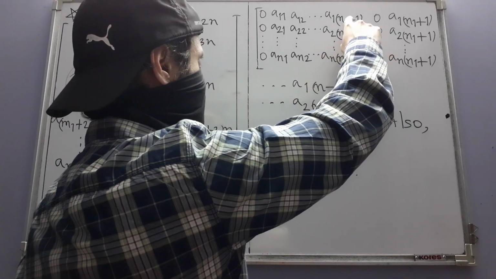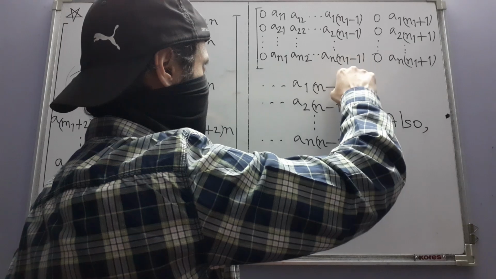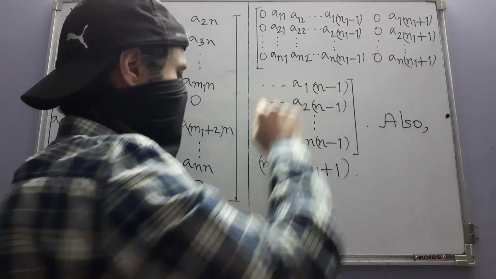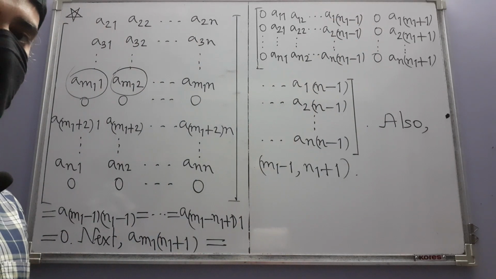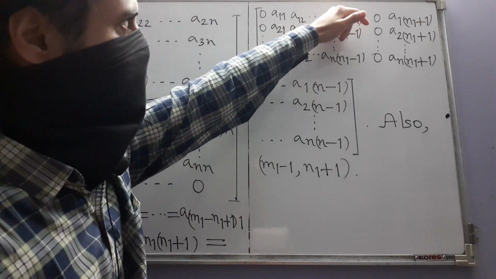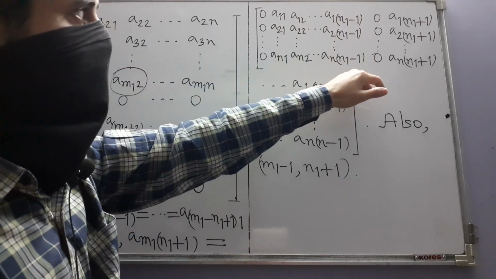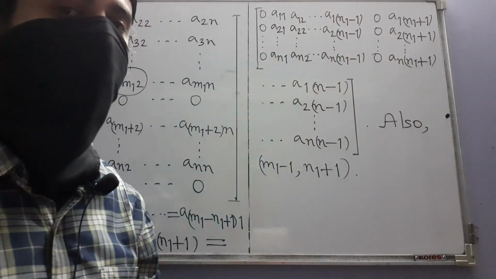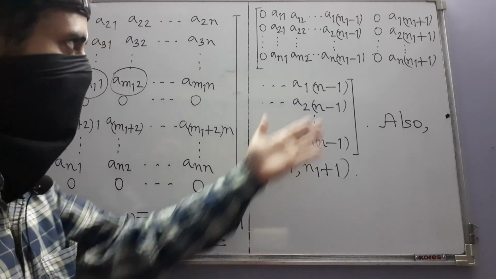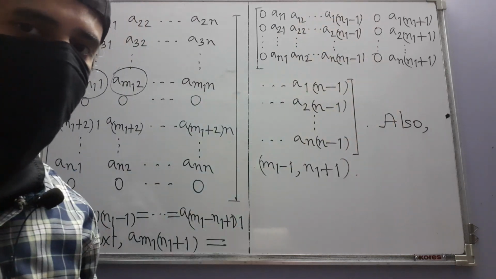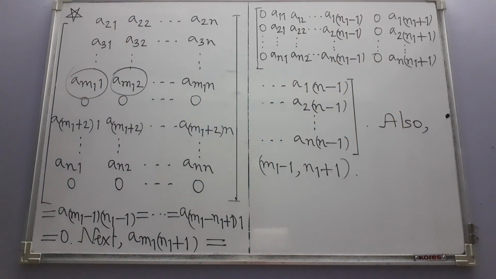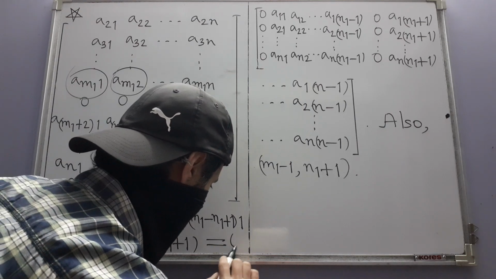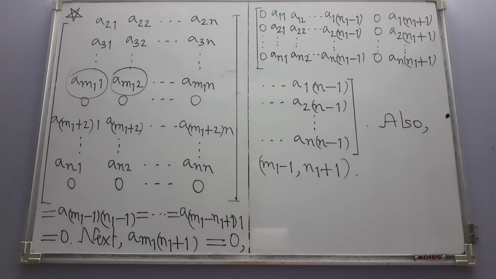So by that rule, what should this column be? The second index here is n1 minus 1. Adding 1 to it, this becomes column n1. So the next one is column n1 plus 1. And there all the entries are 0. And that is why this is equal to 0 again.